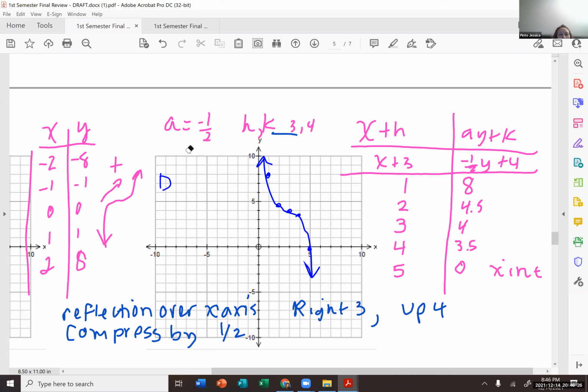And then this one has a domain of all real numbers. And it has a range of all real numbers, which we say -infinity to infinity when we're using interval notation. We won't have to do that on our test.